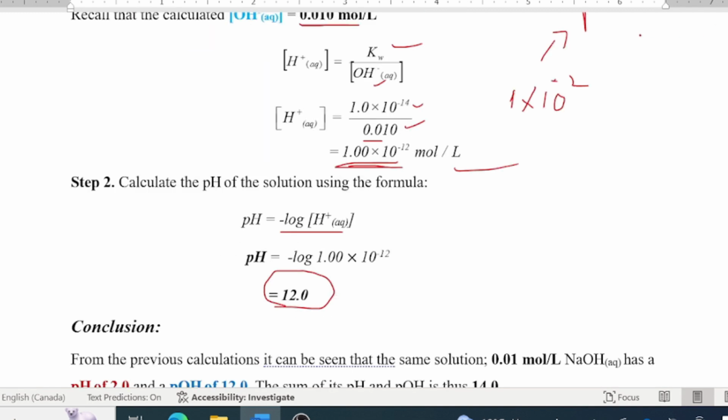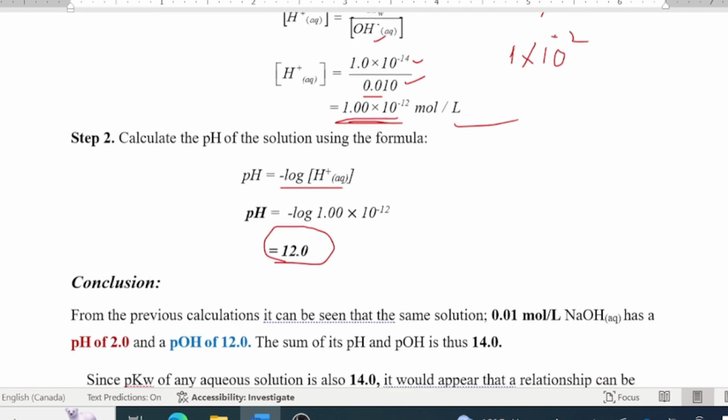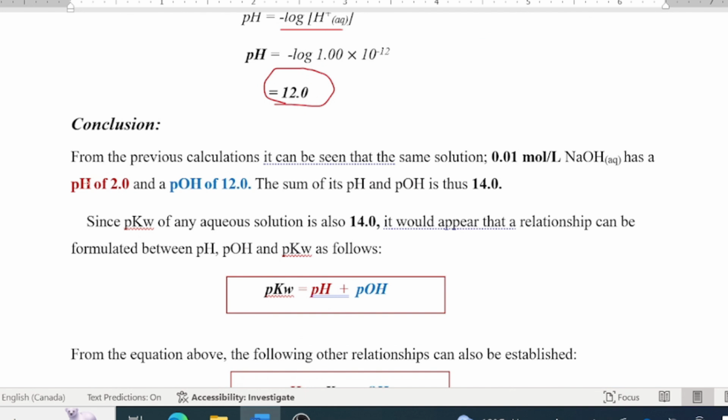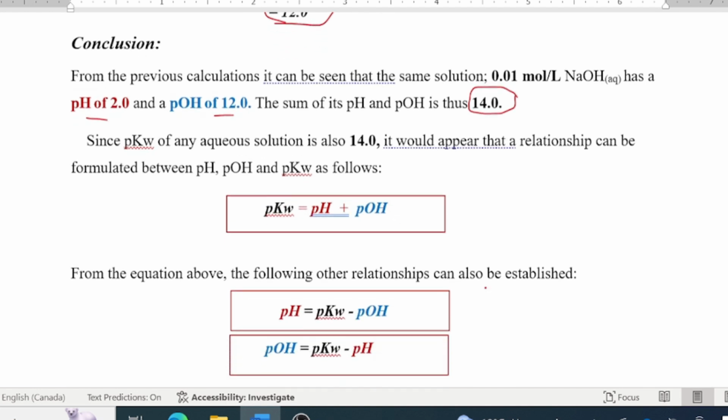That one has a pOH of 2, and this has a pH of 12. Now watch. When you add up the pH and the pOH of the solution, what does it become? 14. So in every solution, this is the equation you should know: whatever the pH is, add it to the pOH, it is always equal to pKw, which is equal to 14.